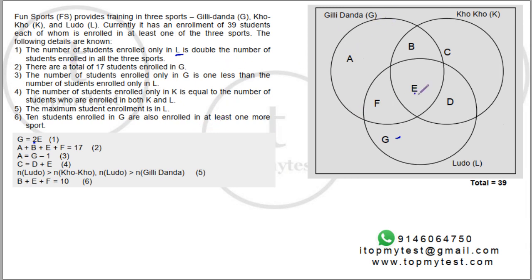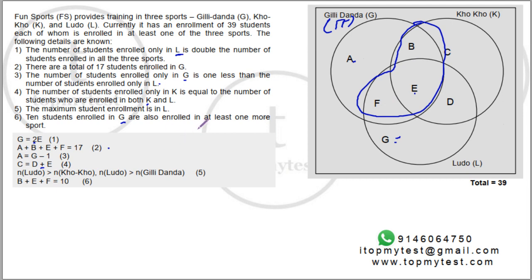Total of 17 in G. The number of students enrolled only in G, which is A, is 1 less than those enrolled only in L, which is G minus 1. The number enrolled only in K, which is C, is equal to the number enrolled in both K and L, which will be E plus D. Maximum enrollment is in L, so the number in Ludo is more than in Kho, and more than in Gilli Danda. And 10 students enrolled in G are also enrolled in at least one more sport. Now this total was 17. Gilli Danda plus one more sport will be B, E, F. So this total will be 10.